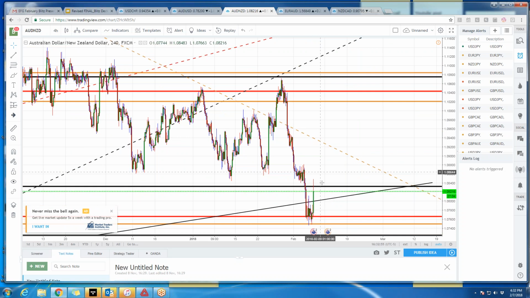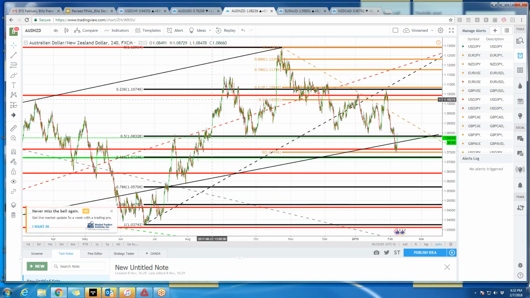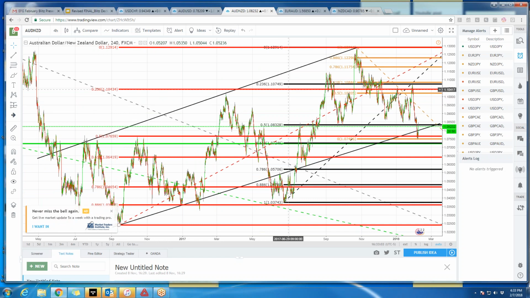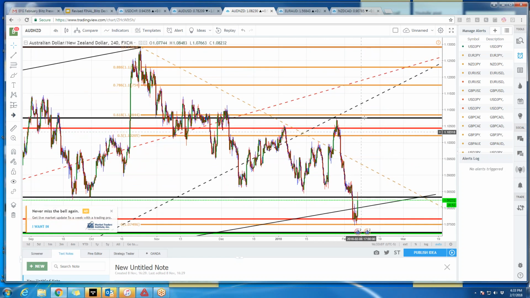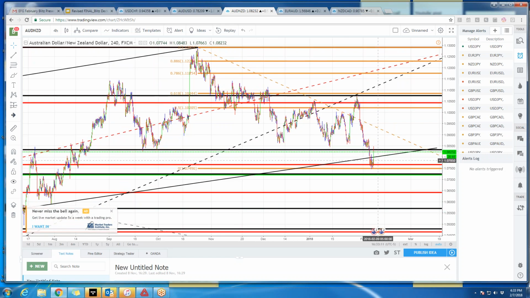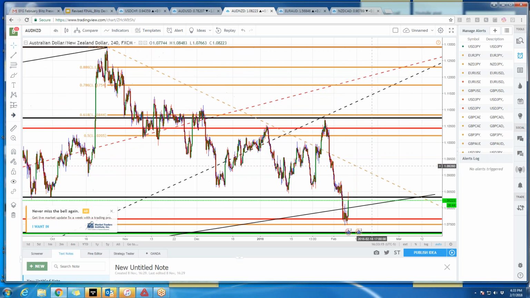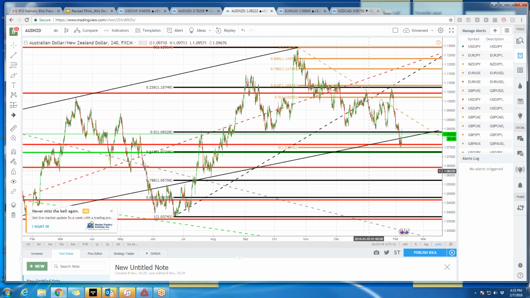If it closes above this 50, it should come back up to this 236, this area. If it does not close above this black 50 and it closes below this red 50, you see it hasn't really closed. I will actually let it close below this zone.